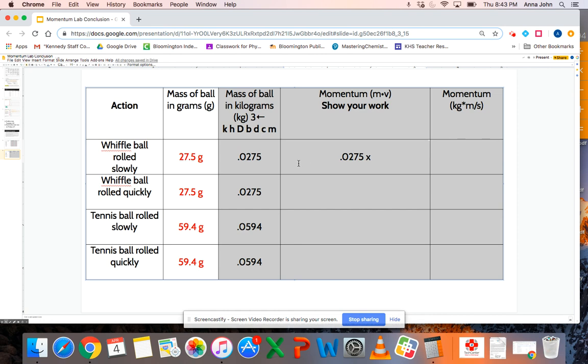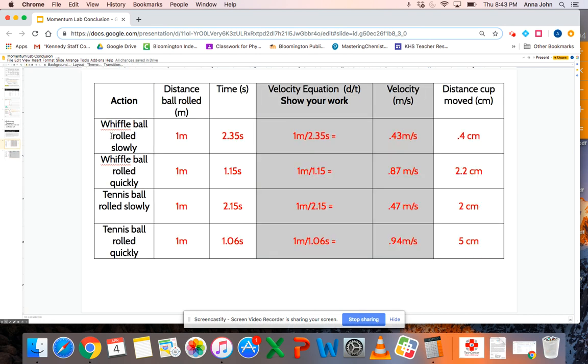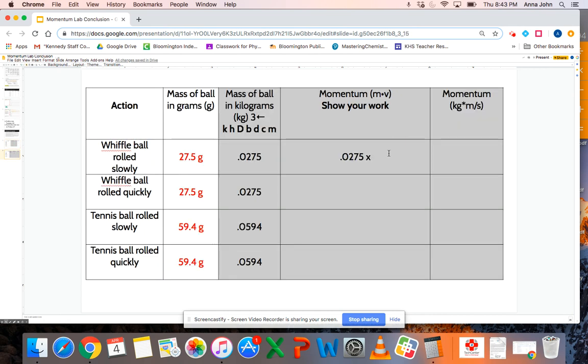And our velocity is in the data table above. I'm in the wiffle ball rolled slowly trial, so I want to use the wiffle ball slowly trial, and my velocity was 0.43 meters per second. Okay, and this was a kilograms value. So when I multiply, nothing cancels, so my units are kilograms times meters per second.